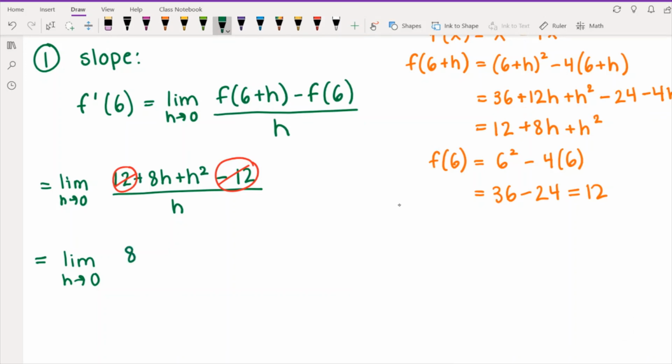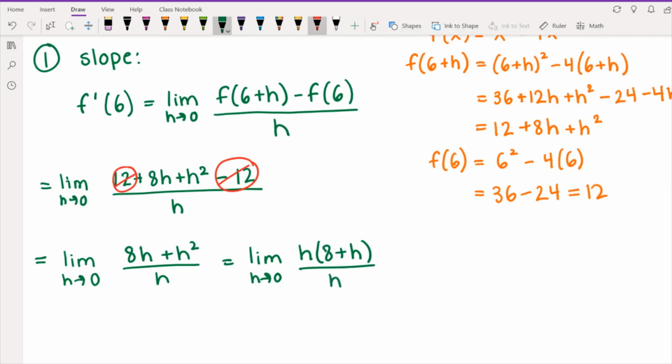So now we have 8h plus h squared over h. And we can factor out an h from the numerator. And now we're able to cancel it out.